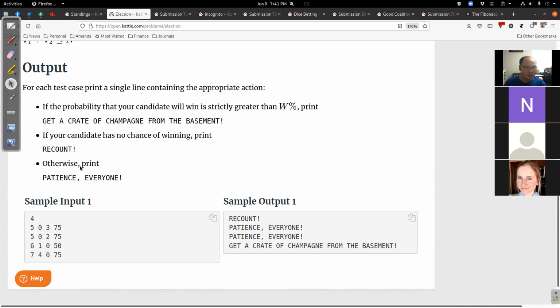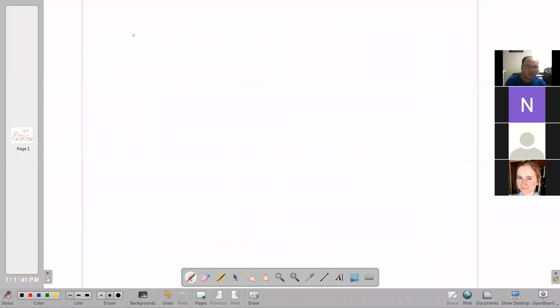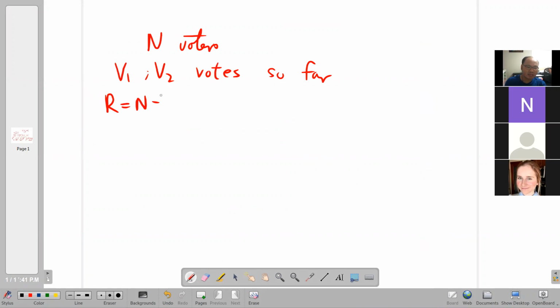Okay, so there's the mathematical side, and then there's the implementation side of this problem. So let's talk about this. You have N voters. You have V1 and V2 votes so far. And then you have, let's call it R equals N minus V1 minus V2, remaining uncounted votes.